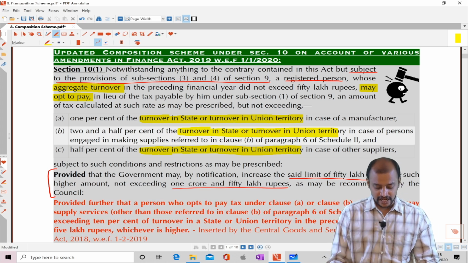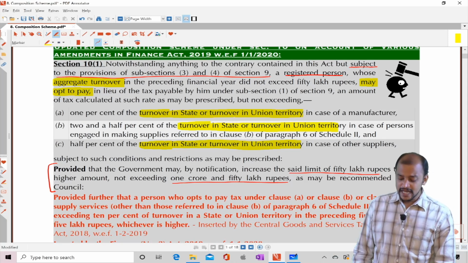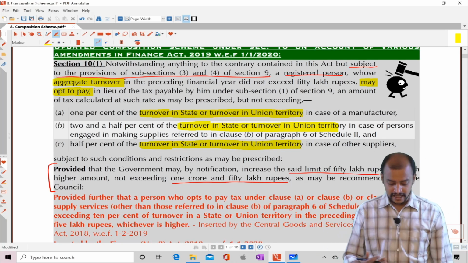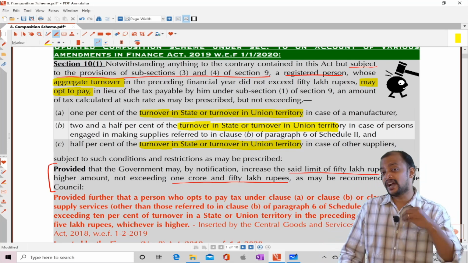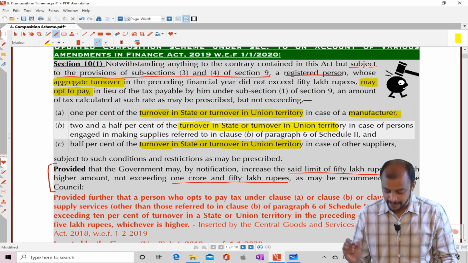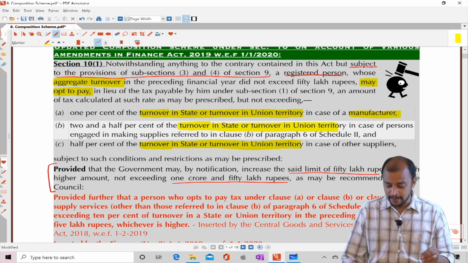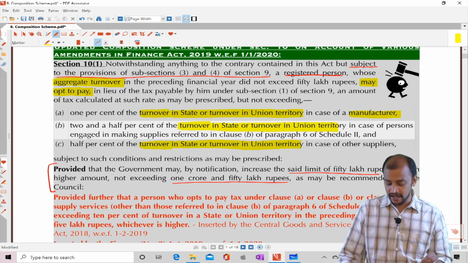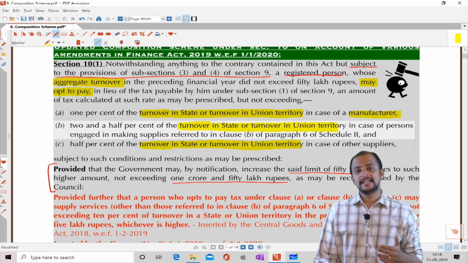Now, subject to such conditions and restrictions as may be prescribed. Now, by seeing this, what can we understand? A person who is a manufacturer can opt for composition scheme. And even a person who is making supply referred to in clause B of paragraph 6 of schedule 2, which is the supply of food.